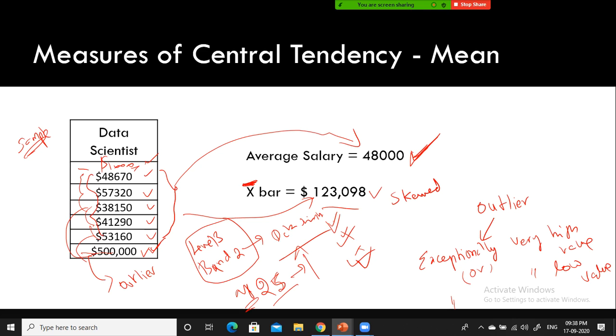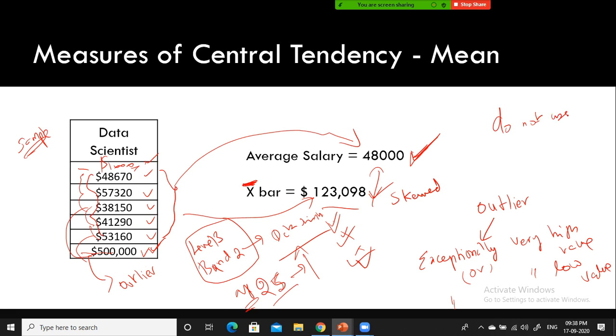Just because one person is getting a very high salary, you cannot generalize that people with band 2, level 3 will all get on an average 123k, isn't it? What did you understand from here? When you include the outlier, the mean value gets skewed, it gets spiked up. So, if you have an outlier in a data set, do not use mean.